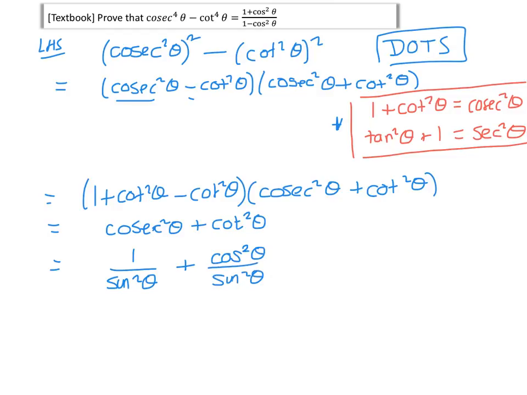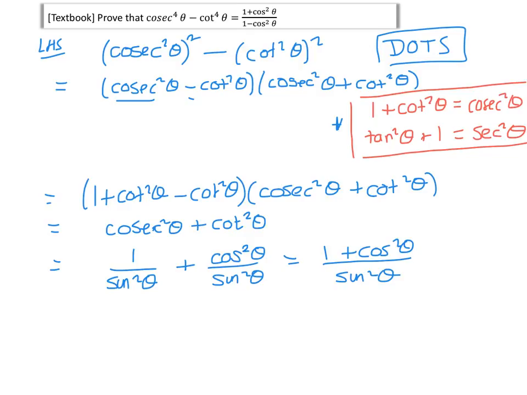And if I simplify that, I've got the same denominator, so that'll give me 1 plus cos squared theta over sine squared theta.